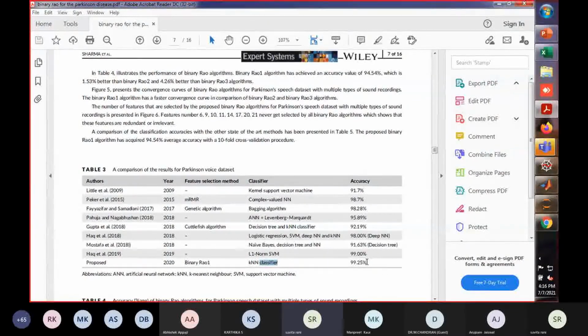But our accuracy arrives at 99.25 after 30 runs, and with KNN. KNN is the simplest classifier among those already available in the literature.